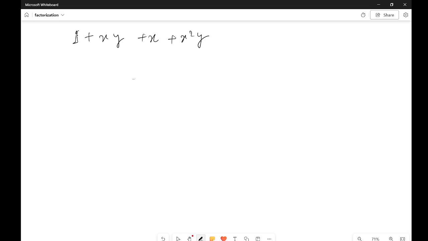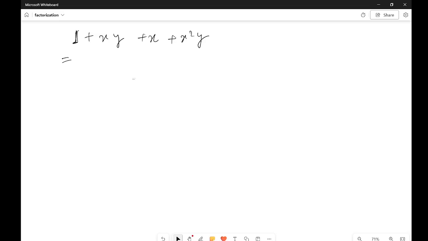Do you see any common between these expressions? 4 parts, 1, xy, x and x square y. Do you see anything common? I don't.